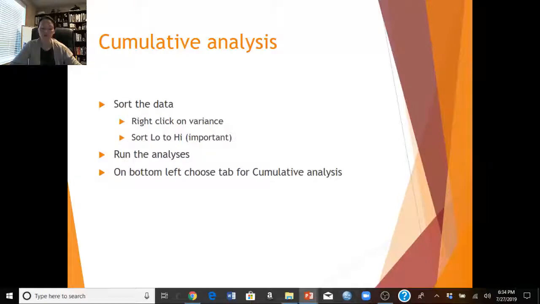So the first thing that you need to do to get this to run correctly is to go back to the data and make sure that you've right-clicked on the standard error and chosen to sort that from low to high. Then you run that analysis, and on the bottom of your data tab, you're going to click cumulative analysis, and it runs that analysis automatically for you.